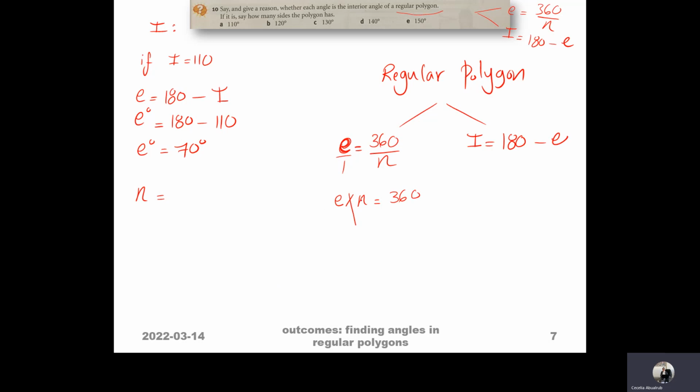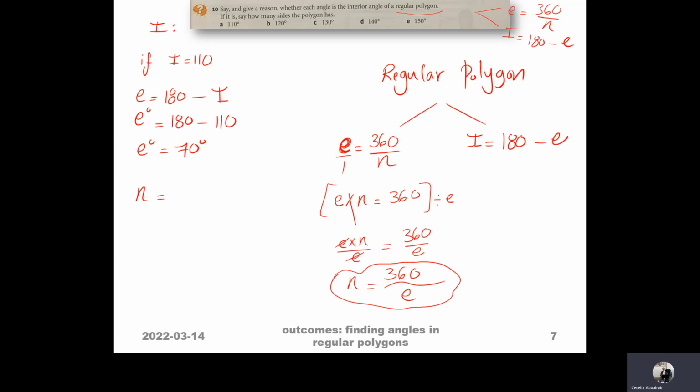I want to make N the subject, so I will divide all this by E. So, E times N over E is equal to 360 over E. The E's are gone, so N is equal to 360 over E. So I made N the subject.